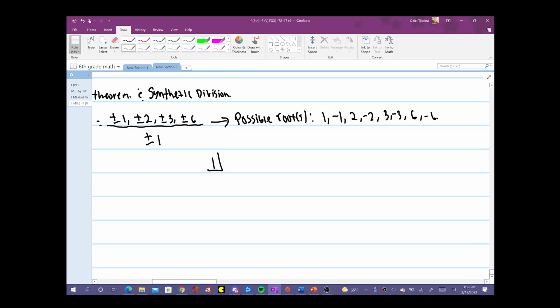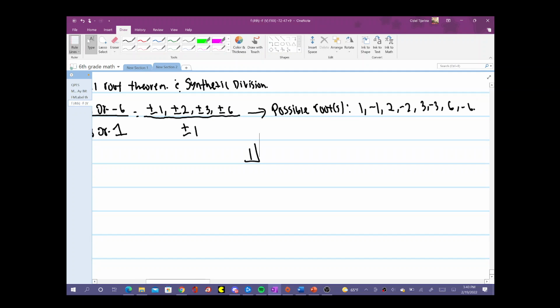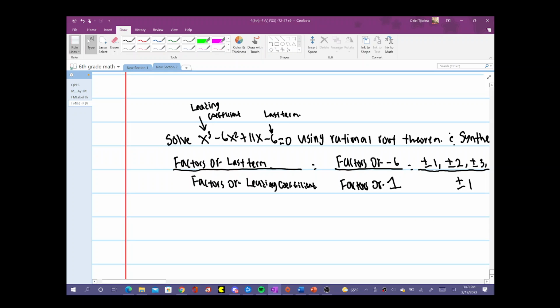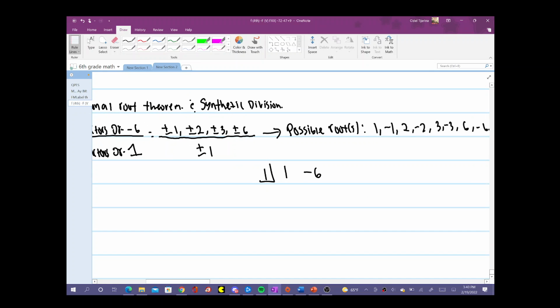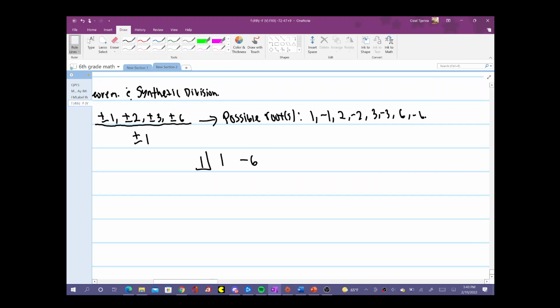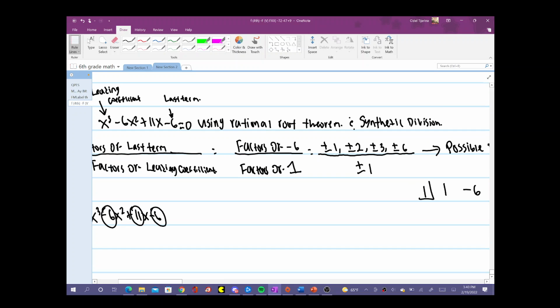You put 1 here, and in this section you put the coefficients: 1, negative 6, 11, and negative 6.